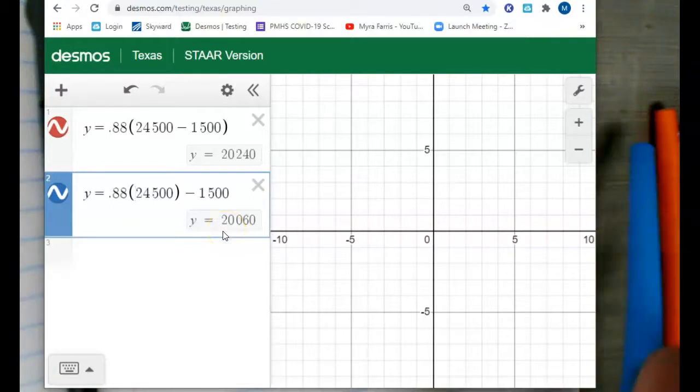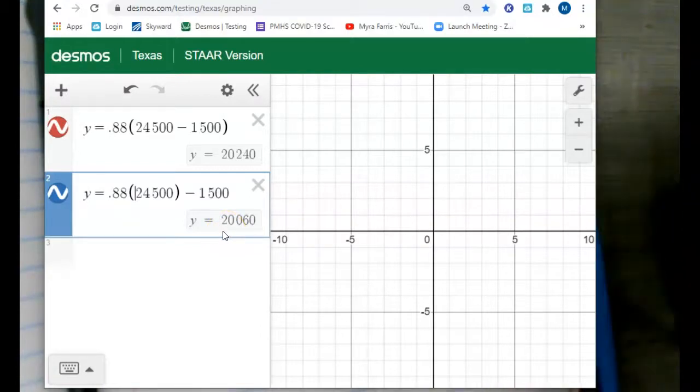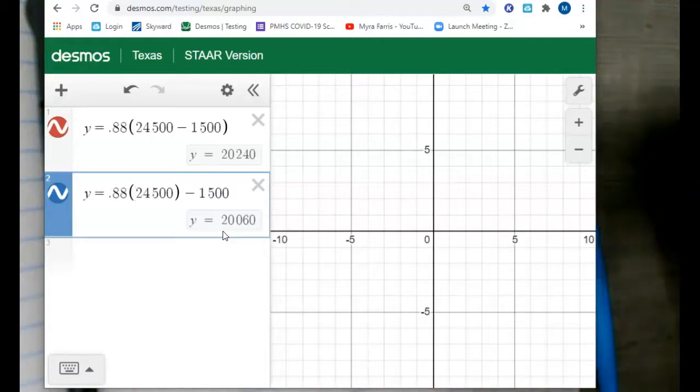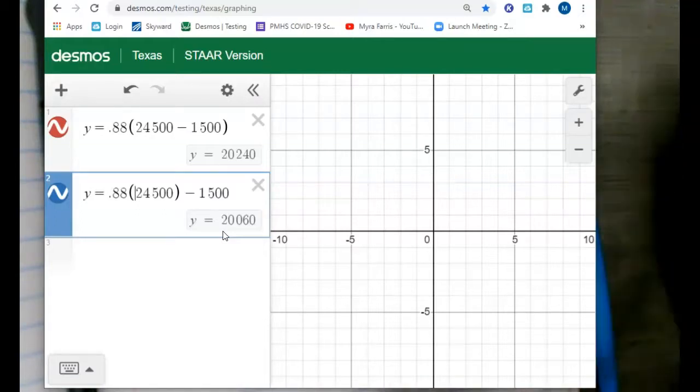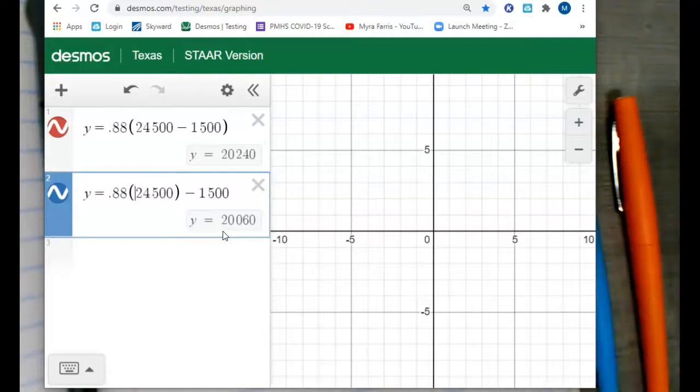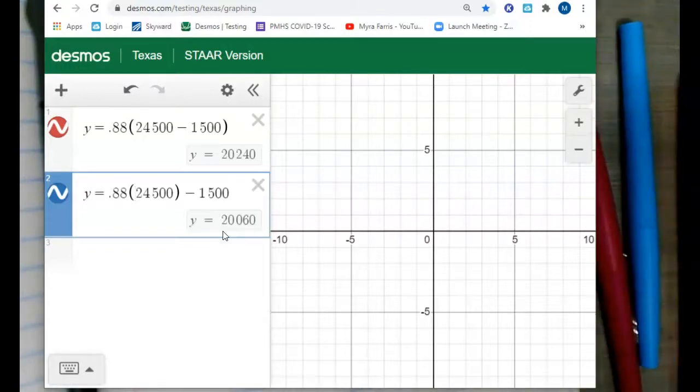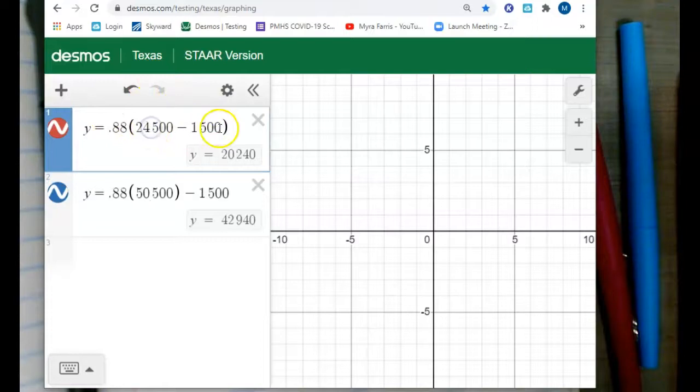Now, did I have to use equations to set this up? No. But the reason you would set it up with equations is if I worked at the dealership and had to figure this out over and over for different priced cars, once I get the equations set up, it's real easy just to change. Maybe I decided I wanted to buy a really nice car, a $50,000 Cadillac.